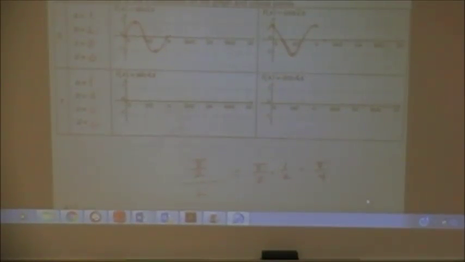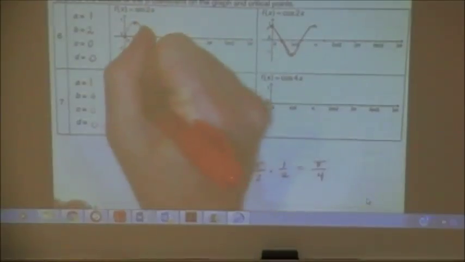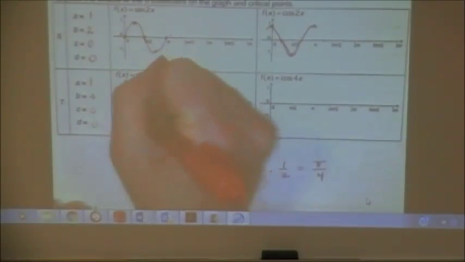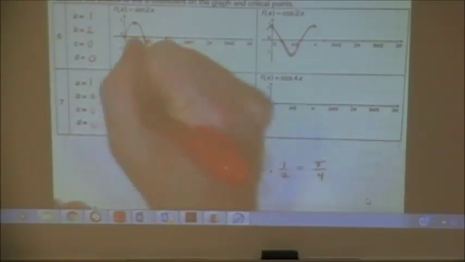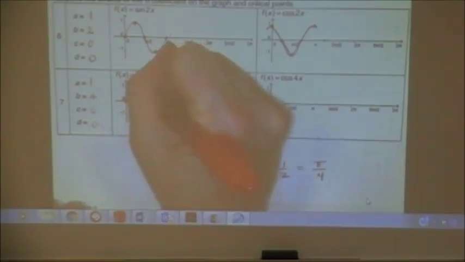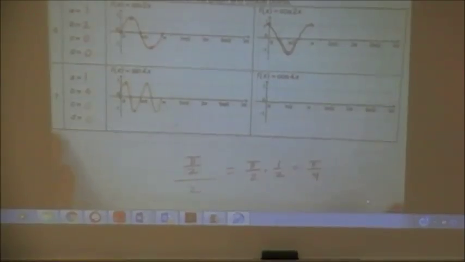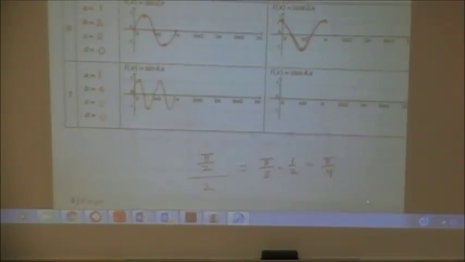So, where is pi over 8 on this graph? Between 0 and the first line, right? Because the first line is pi over 4, right? So it's going to be right here. I did a couple of cycles because it's so small.